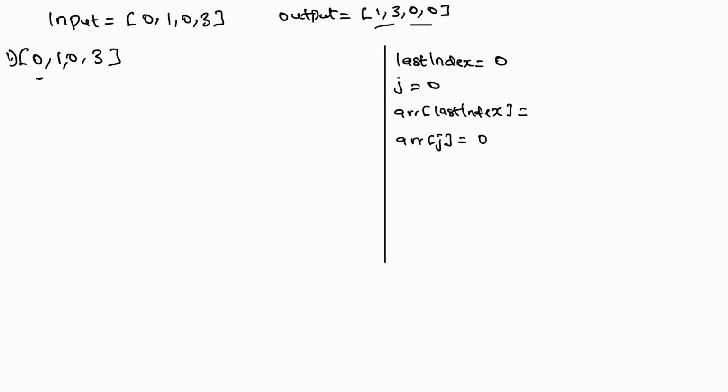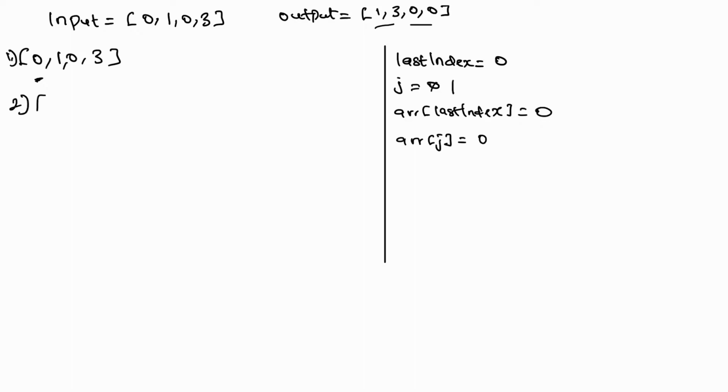Last index is 0 as well, so the array at last index is 0. So we check if the array at j is not equal to 0. In this case, it is 0, so we skip the operation and increment j by 1.